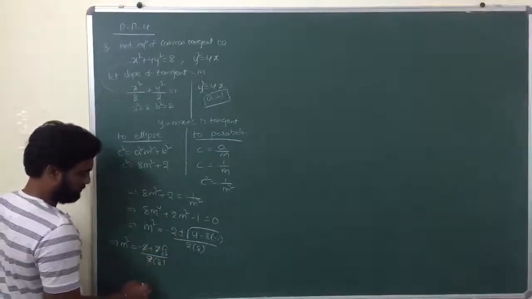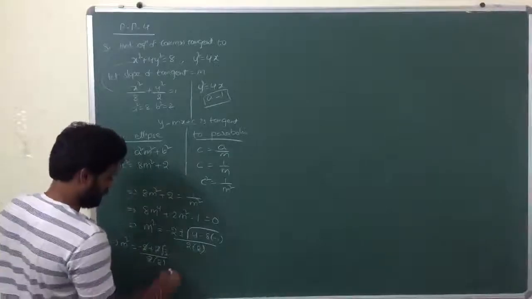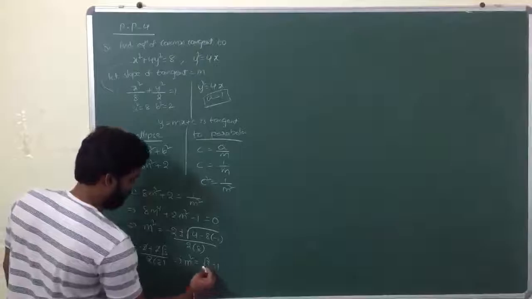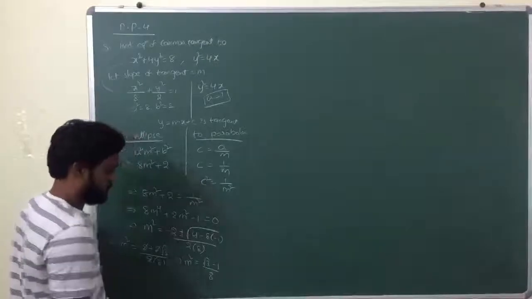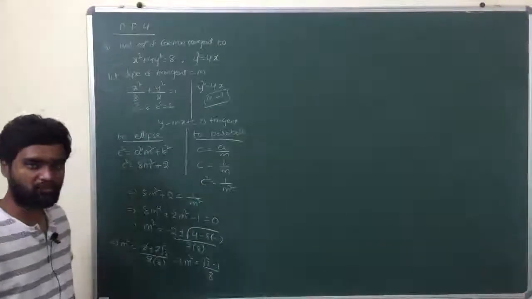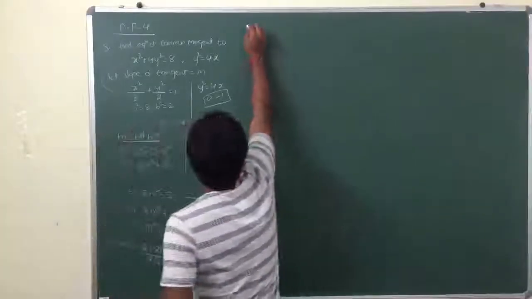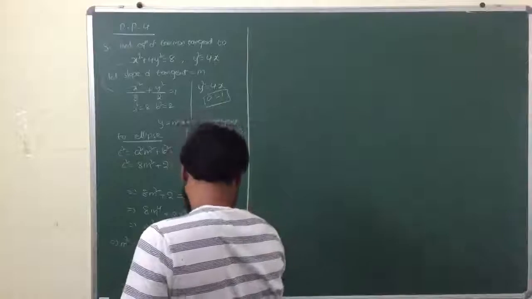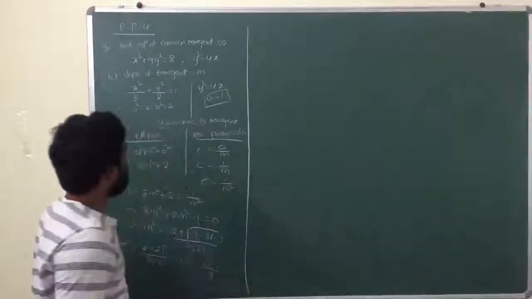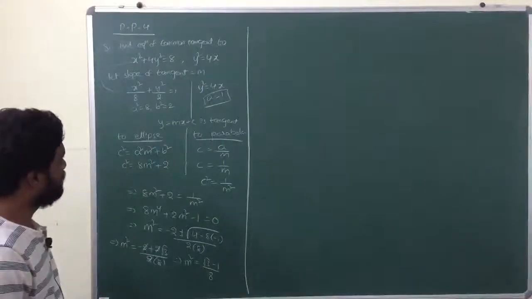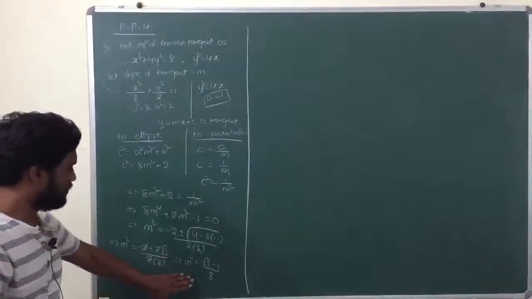So 2 cancels. So m square is equal to root 3 minus 1 by 8. So that is our m square.